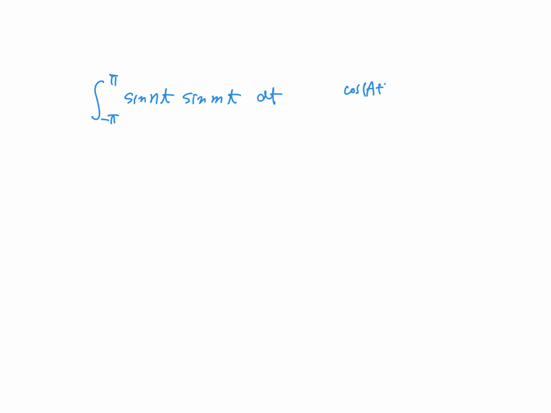Okay, so cosine a plus b is cosine a, cosine b minus sine a, sine b. Cosine a minus b is cosine a, cosine b plus sine a, sine b.